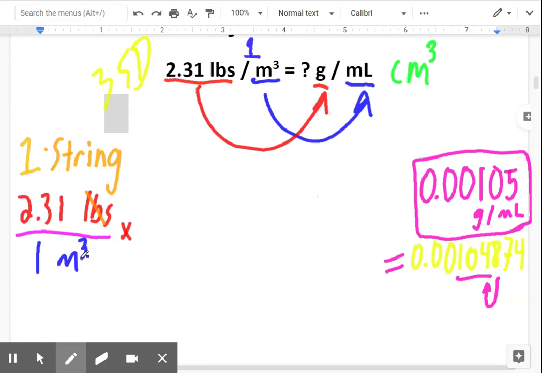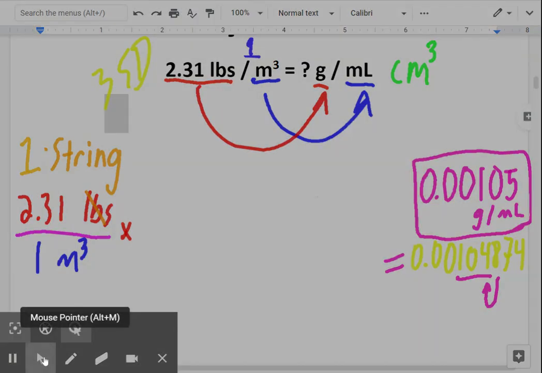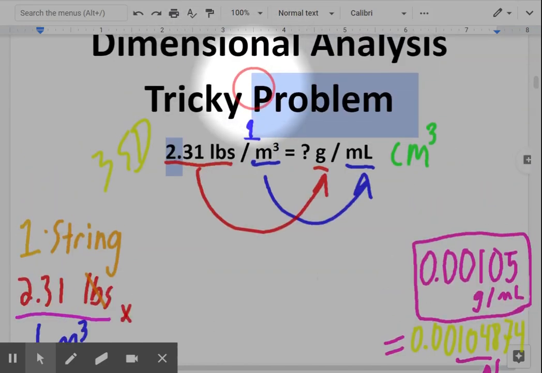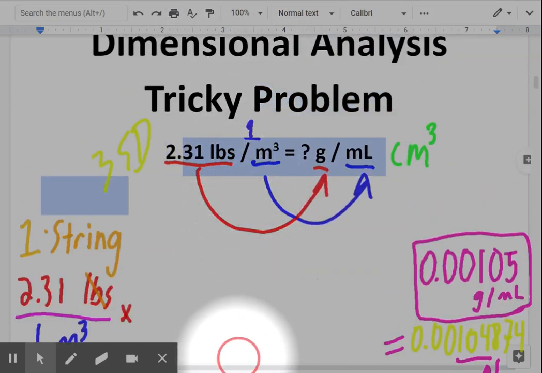So I set it up like this. My start is going to have both numbers. It's going to have the 2.31 pounds that I started with here, and it's going to have the 1 milliliter that's over here. Oops, I did not mean to do that. That's okay.